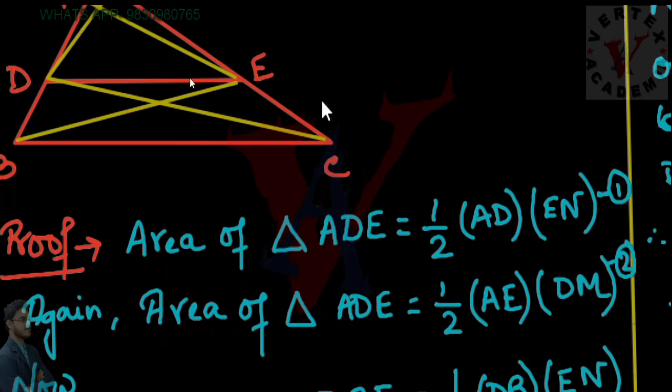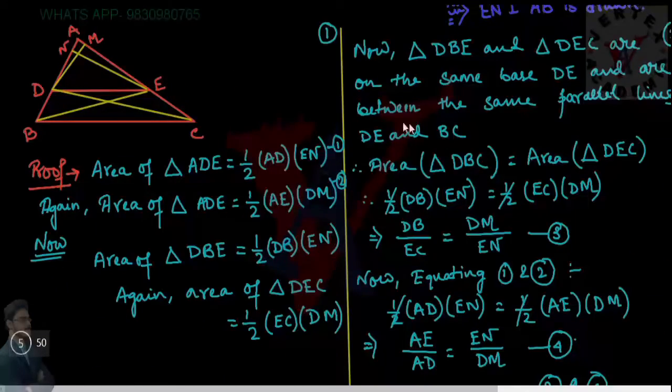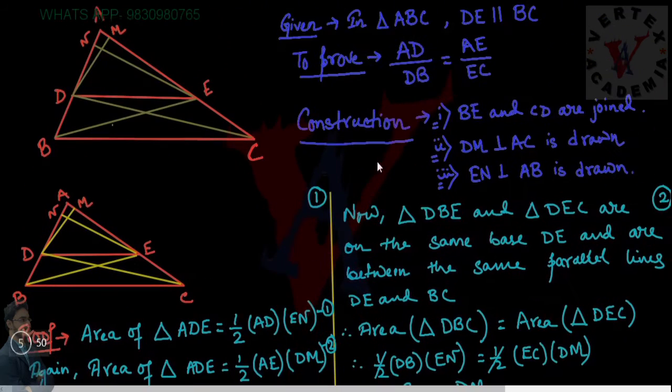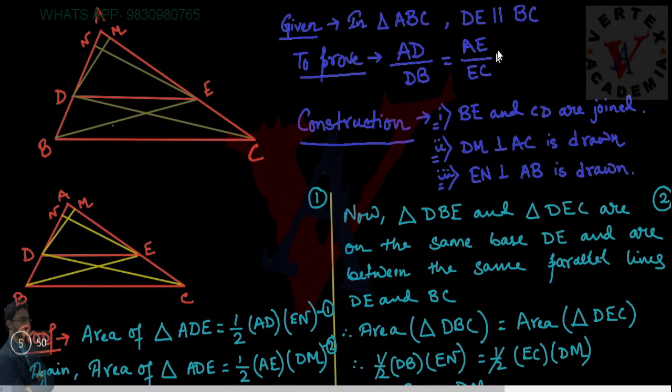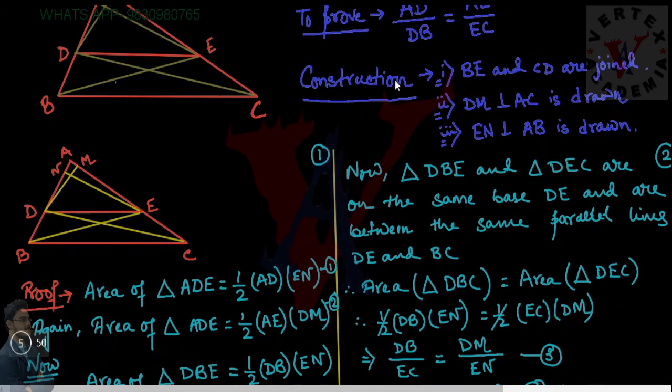Okay, so why did we take the triangle ADE? Why not other triangles? For that you need to understand one thing. You have to look here. In the proof we are having terms like AD and AE, right? So our target should be to find such triangles where these sides are included.